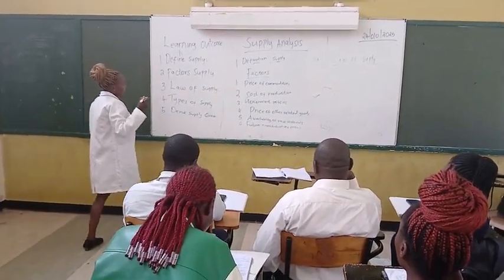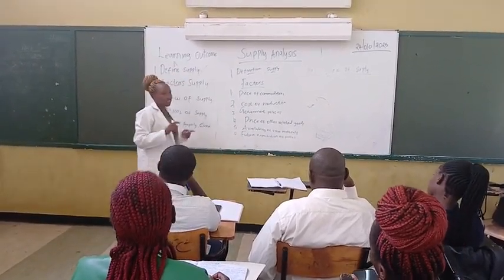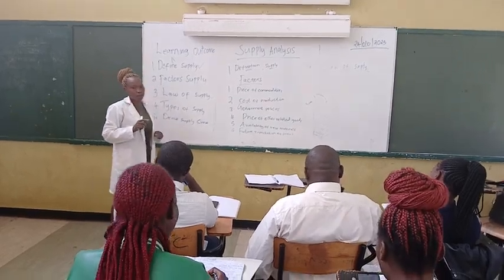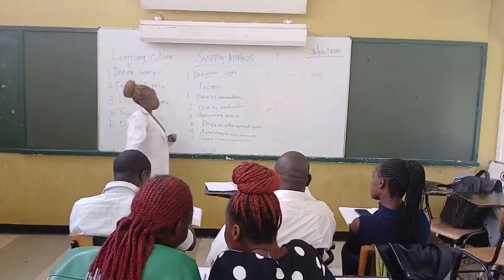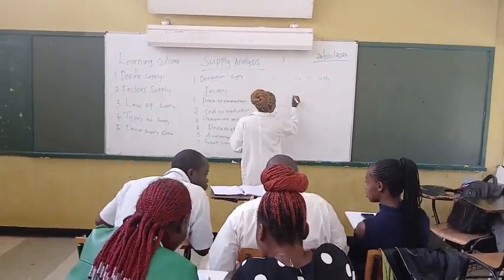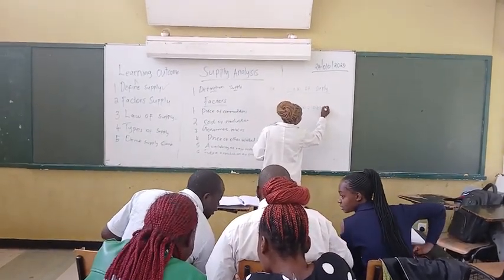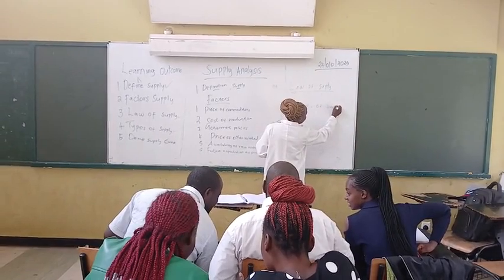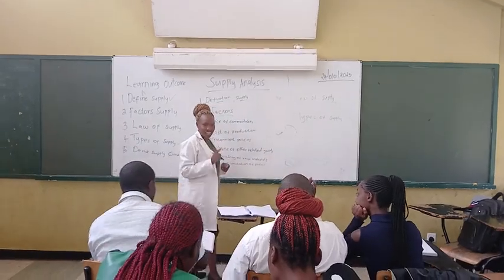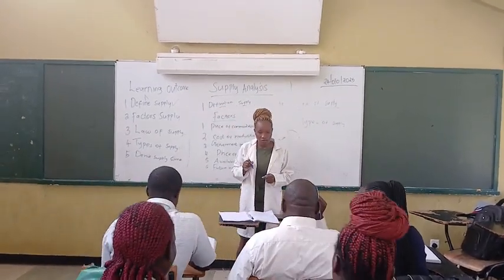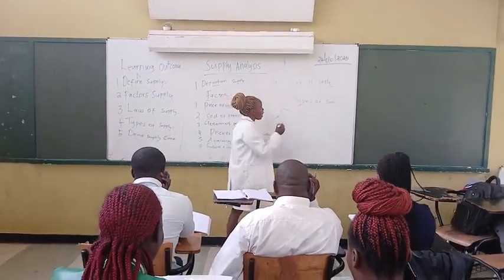So again, in groups of three, can you give me types of supply? Okay, Esau. One type of supply is short-term supply.